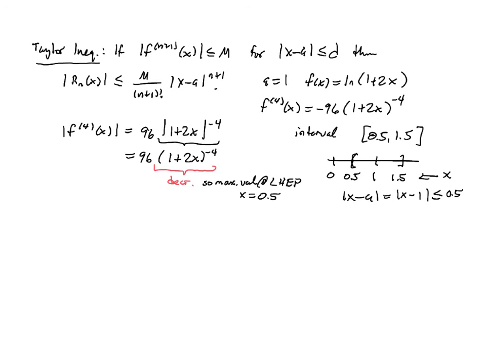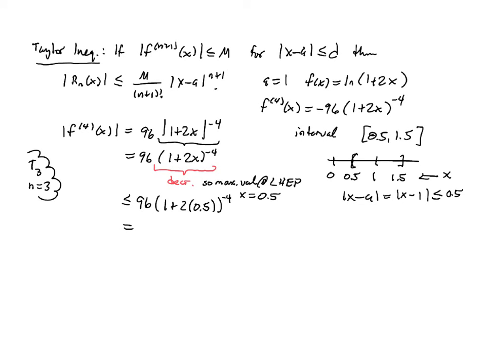And that tells me that on the interval that I care about, this derivative that I'm investigating, and remember that I'm looking at T3, so I have n equals 3 in my Taylor inequality, is less than or equal to 96 times 1 plus 2 times 0.5 all to the negative 4 power.